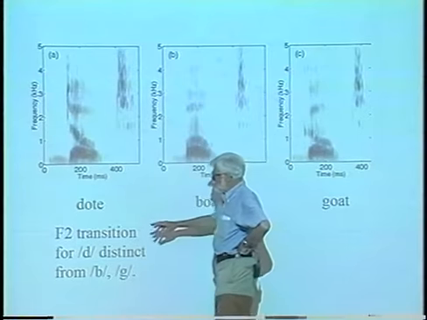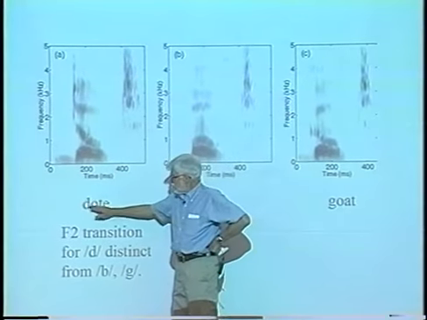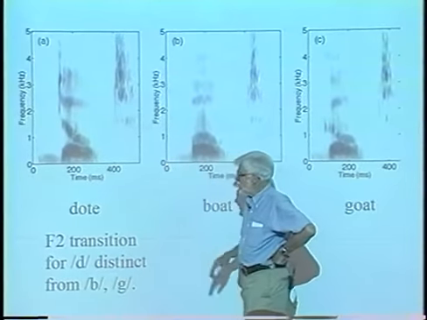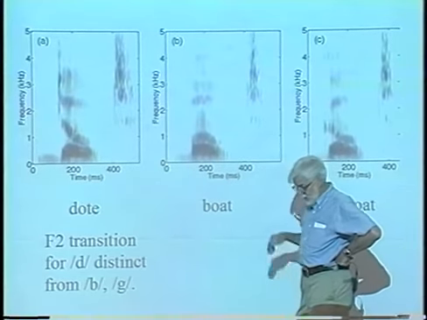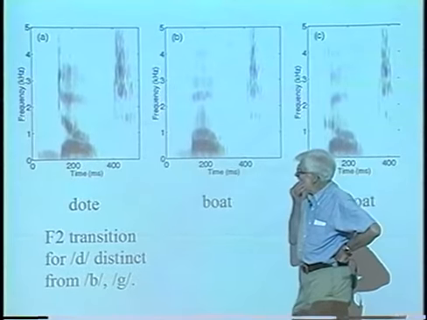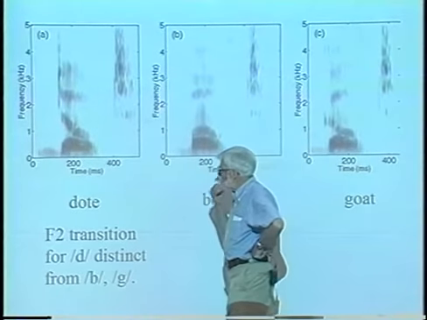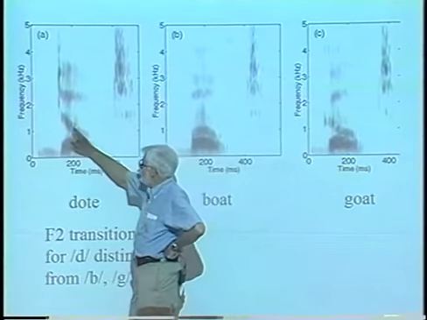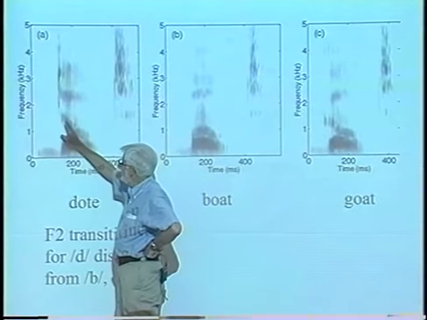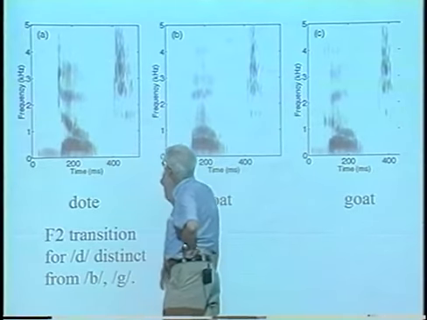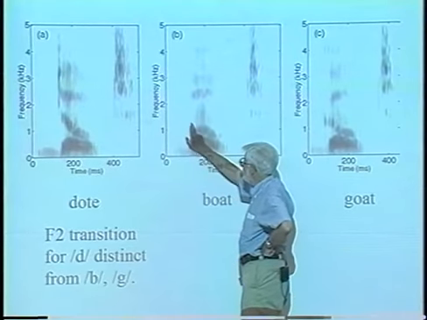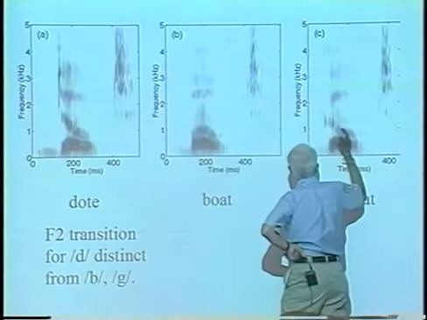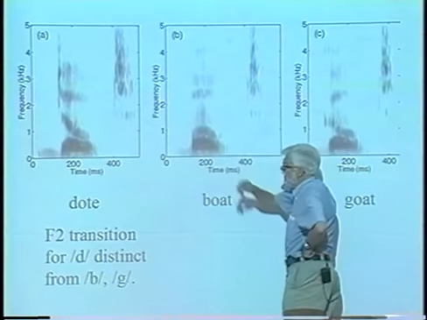But you do have some ability to manipulate the tongue blade, the tongue body, when you're making an alveolar consonant. And what seems to happen is that the transition for the D here is adjusted so that it's sufficiently distinct from this transition, or from this one, which is not as high as that one.